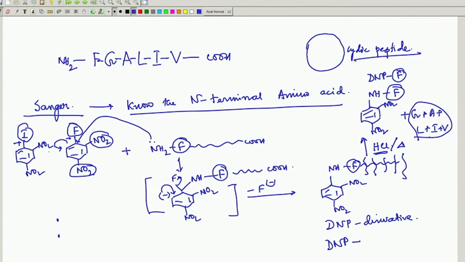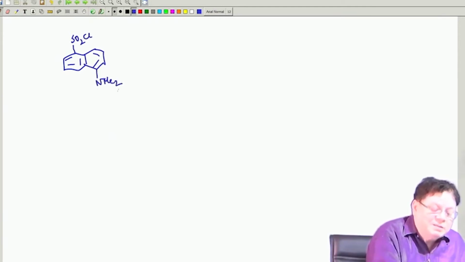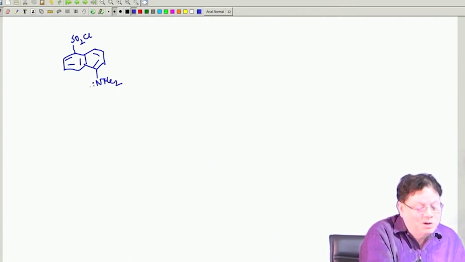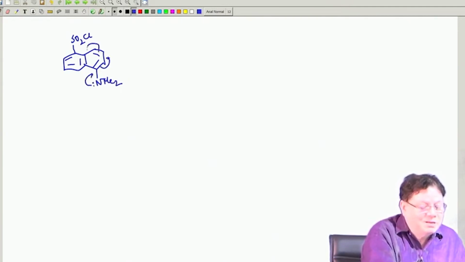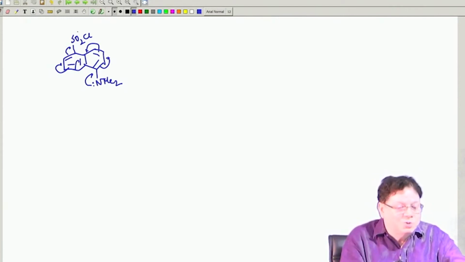The next one, similar to Sanger's method, there are other reagents one can think of, like one called dansyl chloride. These are all for the N terminus. What is dansyl chloride? Dansyl chloride has SO2Cl here and NMe2 here. This is a very good chromophore, because you see the kind of resonance it can have. So, here you have an SO2Cl.